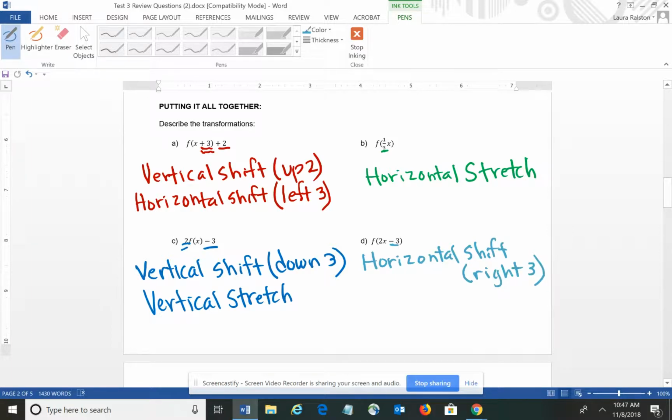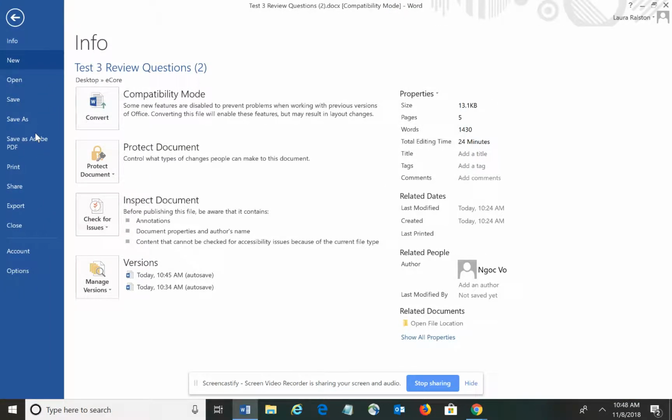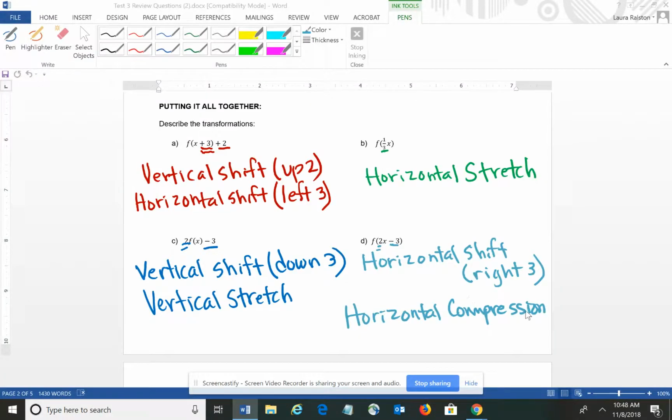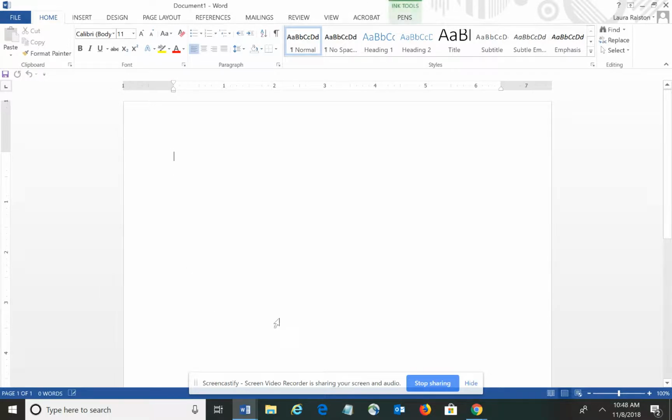And then the 2 on the x tells me there's going to be a horizontal compression. Okay, and it's a compression because that b value, or the value in front of the x, is bigger than 1.